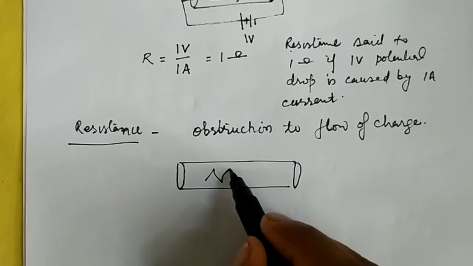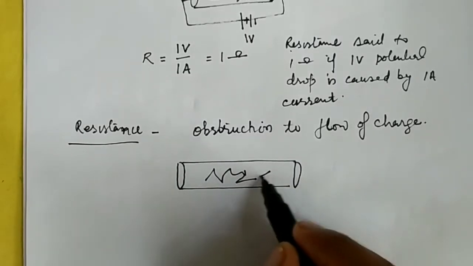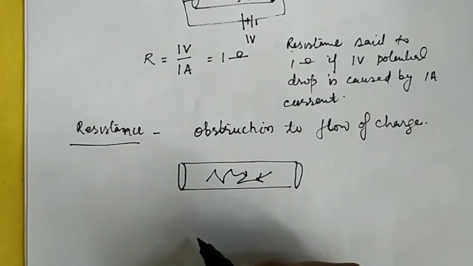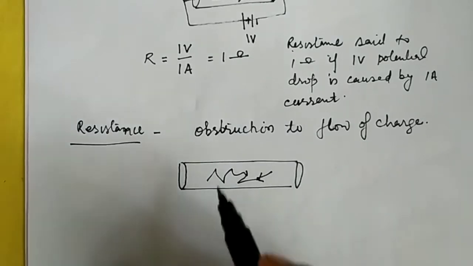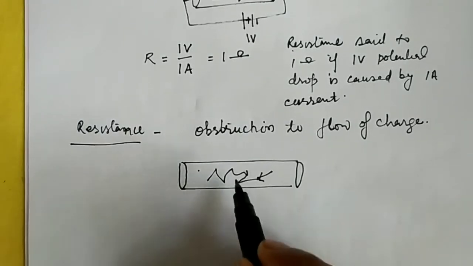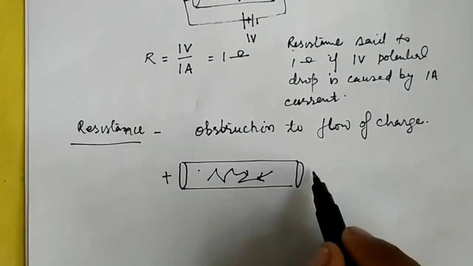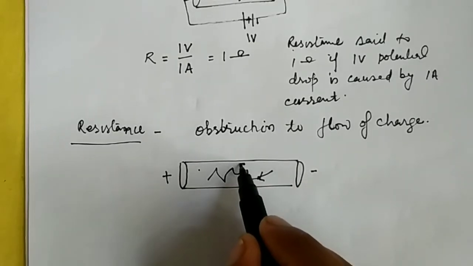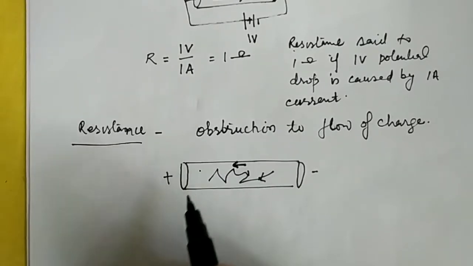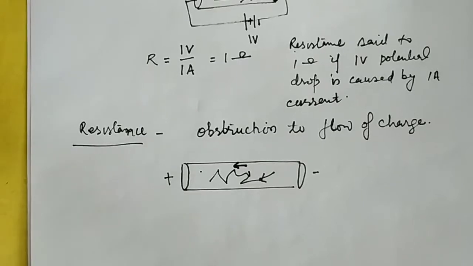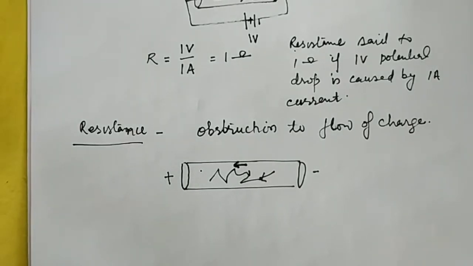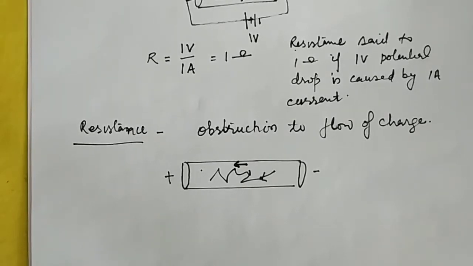It moves haphazardly because it collides with other electrons. While drifting towards the positive terminal of the battery, the electron suffers a lot of collisions, which means it feels a very high resistance because of the collisions.